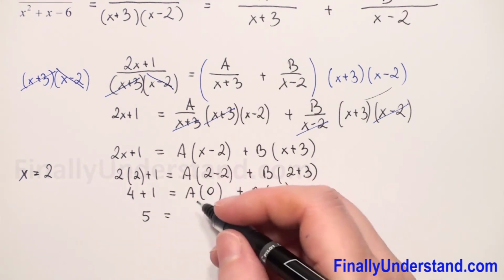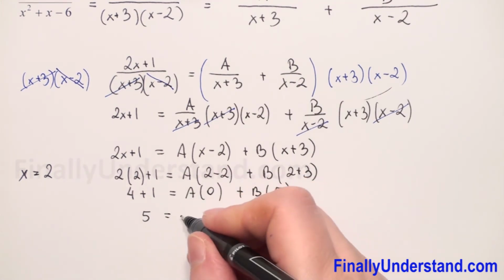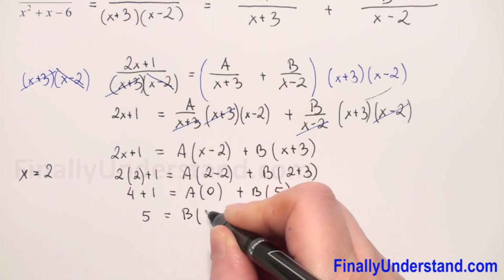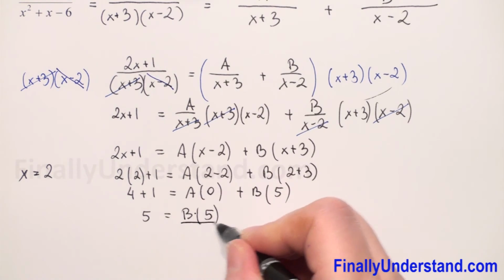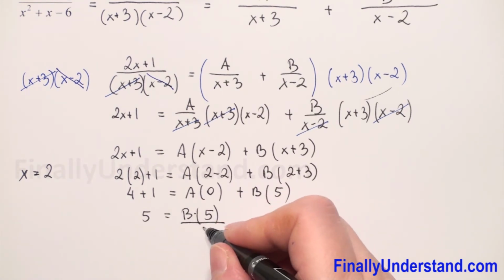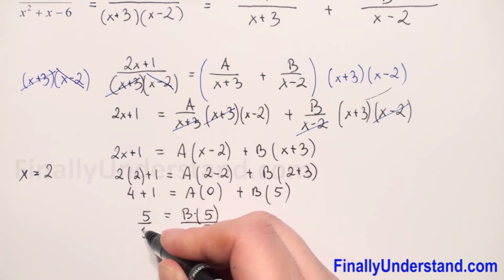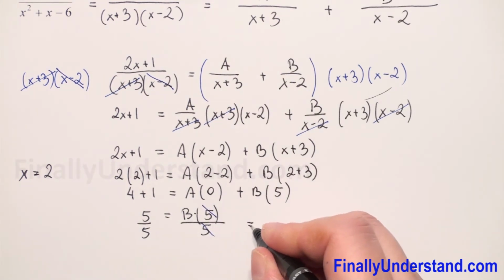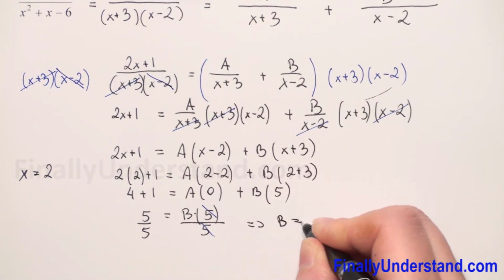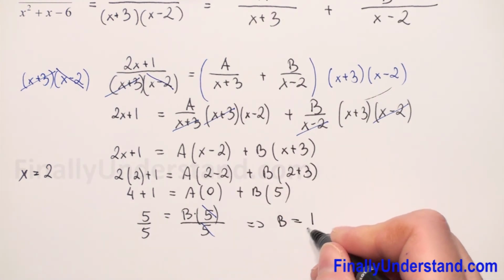So on the right side we have only b times 5. To find b, we now need to do division because we have multiplication, so we will divide both sides by 5. 5 and 5 we can reduce, so we have that b is equal to 5 divided by 5, which is 1.